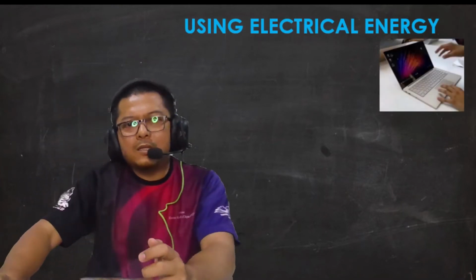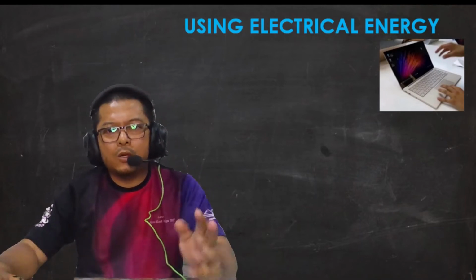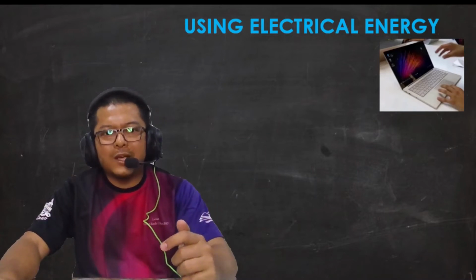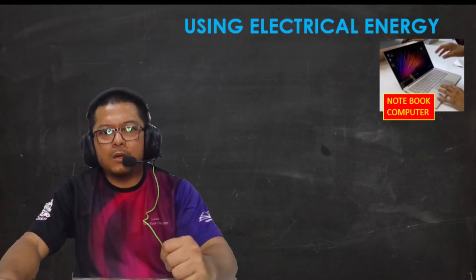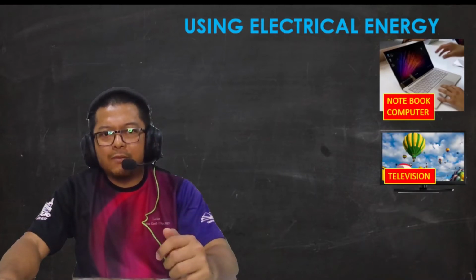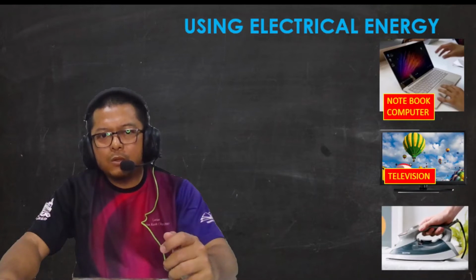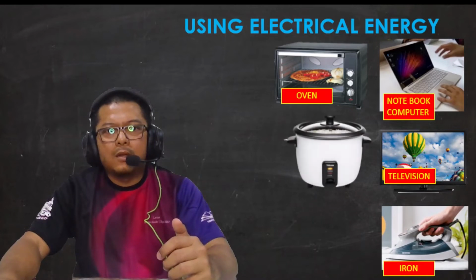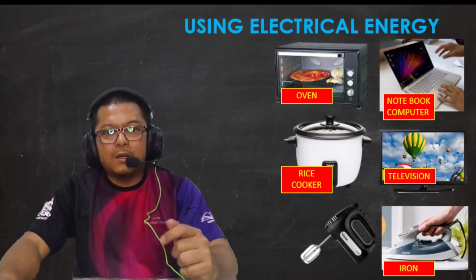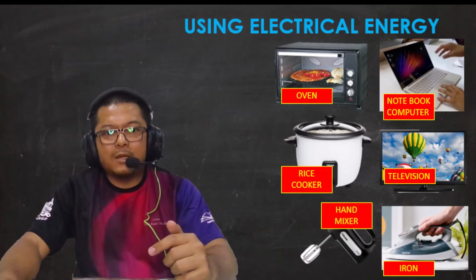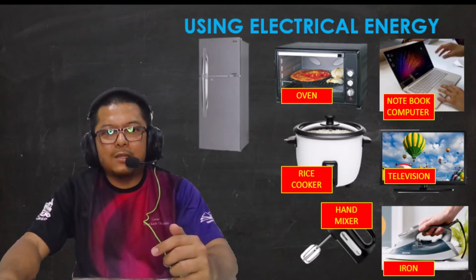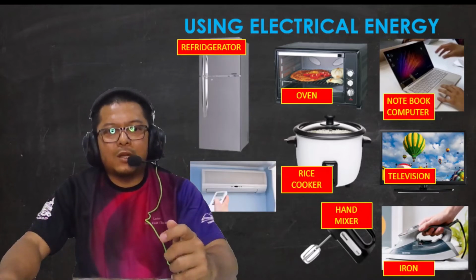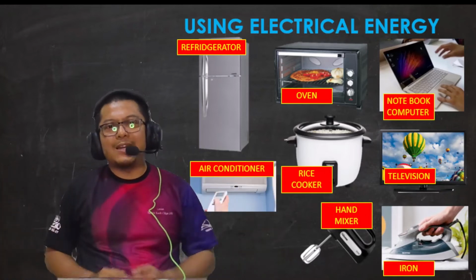Now, this is the common. I will show you common objects that use electricity in our home, such as notebook, computer, and television. And commonly, we also use iron, and then we also use oven, rice cooker, hand mixer, yes, your mother would have this, and refrigerator, and air conditioner, and we usually have this at home.